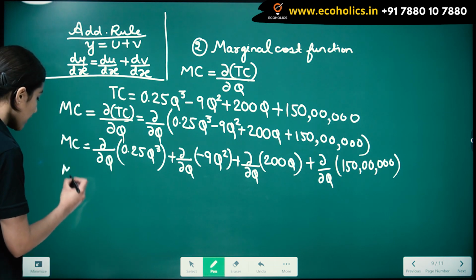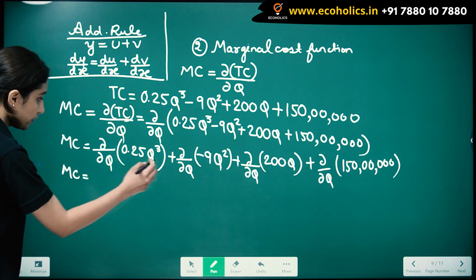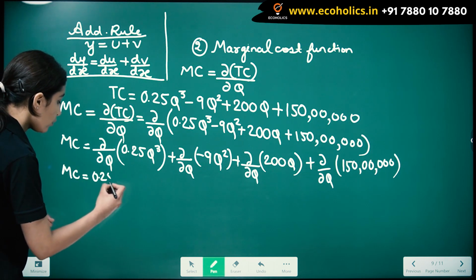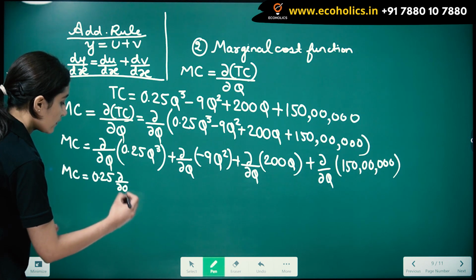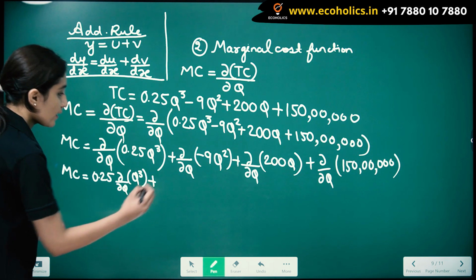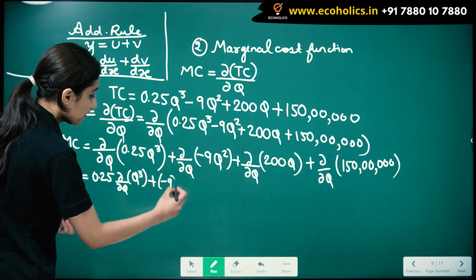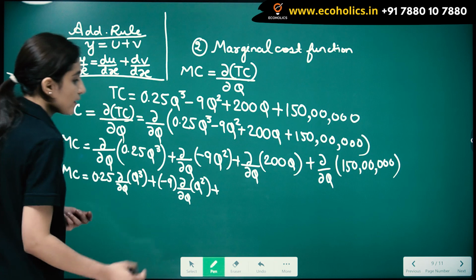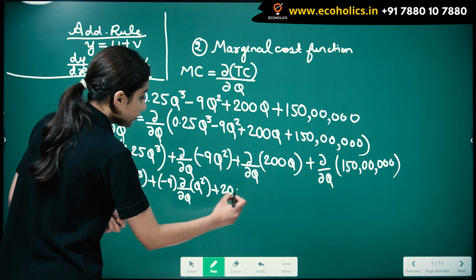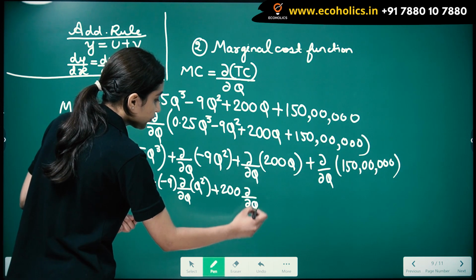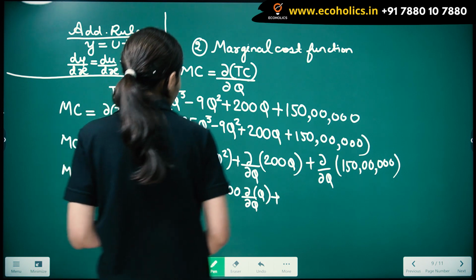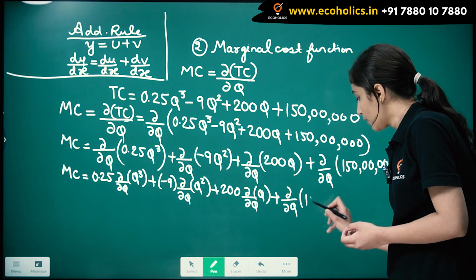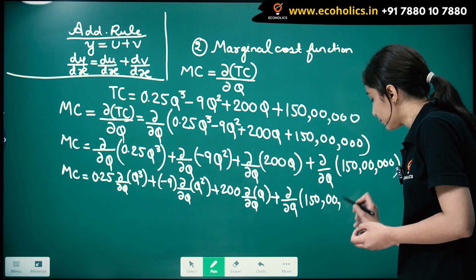So our marginal cost is equal to differentiation of 0.25 Q cube, which can be written as 0.25 differentiation of Q cube, plus minus 9 differentiation of Q square, plus 200 differentiation of Q, plus differentiation of 150 lakhs, which will remain as it is.